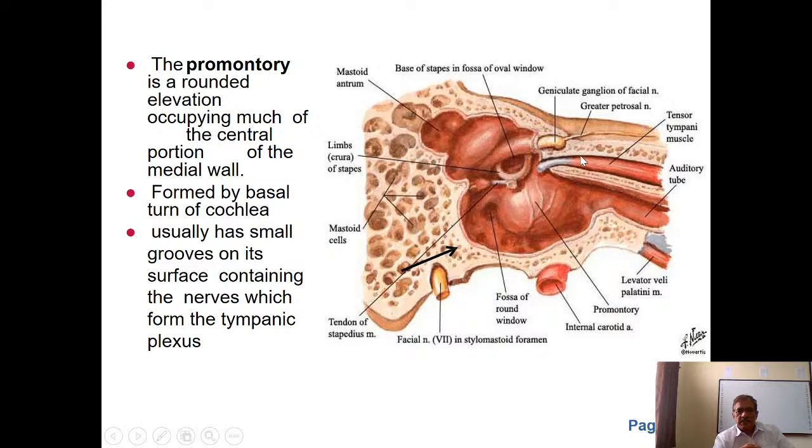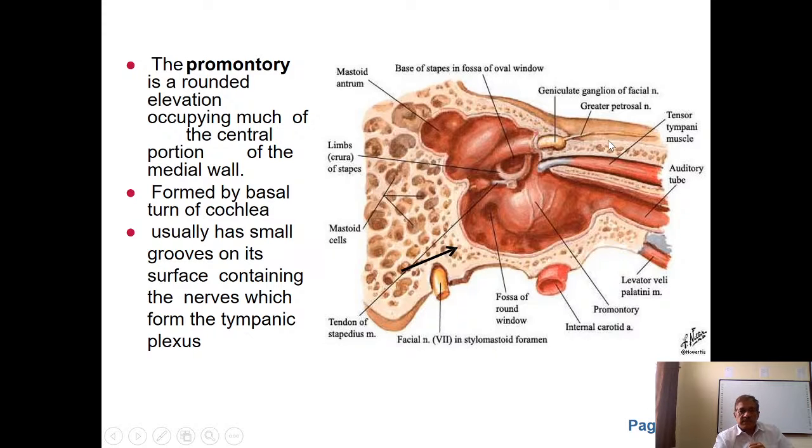And once again, just to recapitulate. That is the tensor tympani muscle, and that is the stapedius muscle, which is coming through the bony pyramid, and that is the Eustachian tube, which is opening anterior-inferiorly, and you have the internal carotid artery, which is in relation to the anterior wall. That is why it is called the carotid wall.